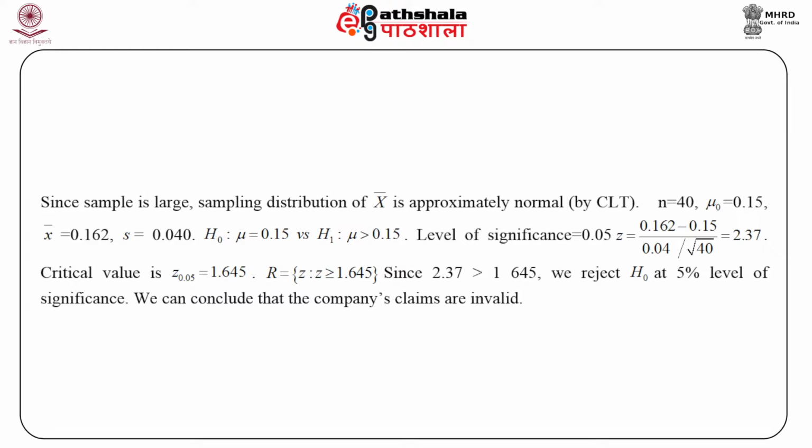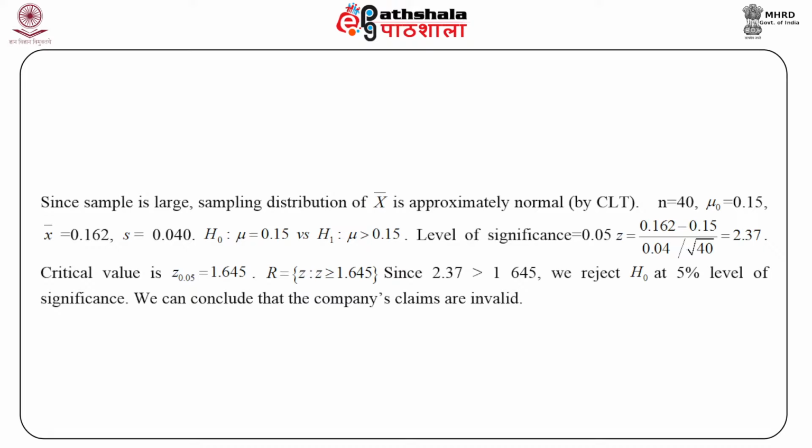It is that mu is equal to 0.15 versus the alternative hypothesis that mu is greater than 0.15. The level of significance we have chosen is 0.05. So, what is the Z value? It is equal to 0.162 minus 0.15 divided by 0.04 upon root 40. On simplification, it comes out to be 2.37.